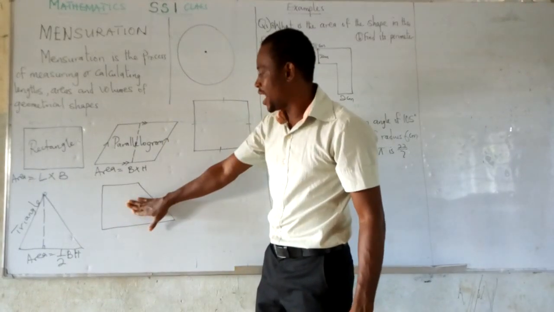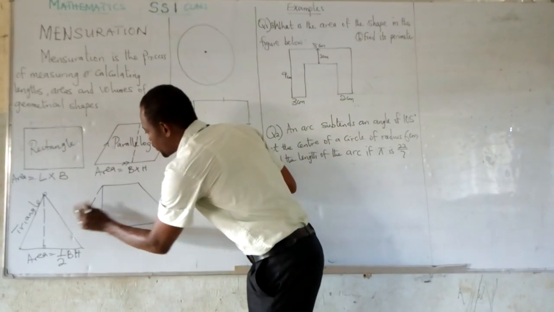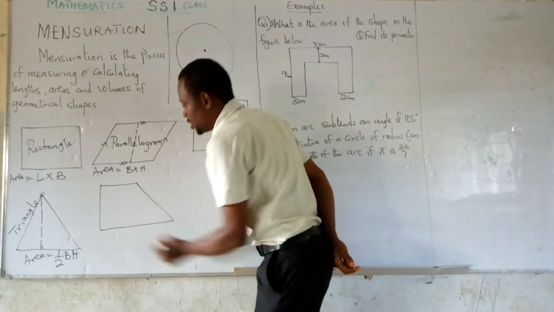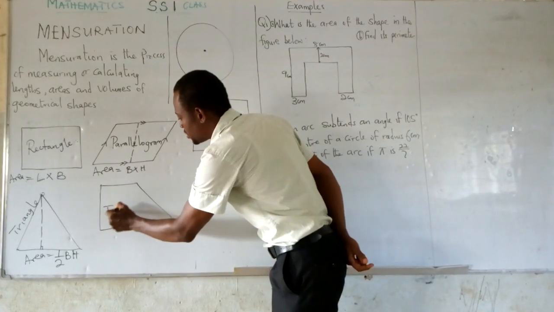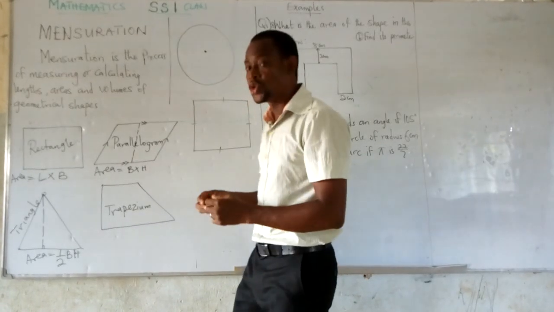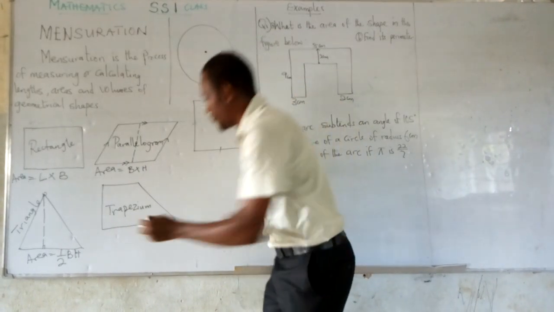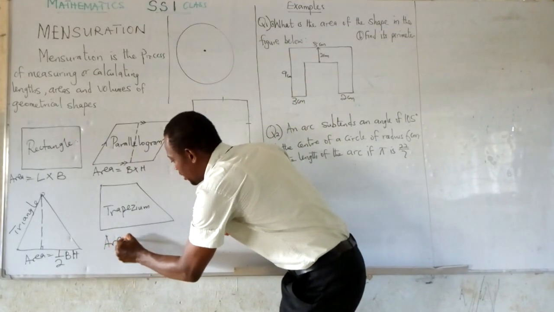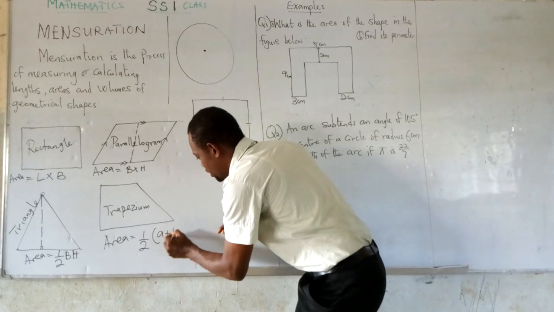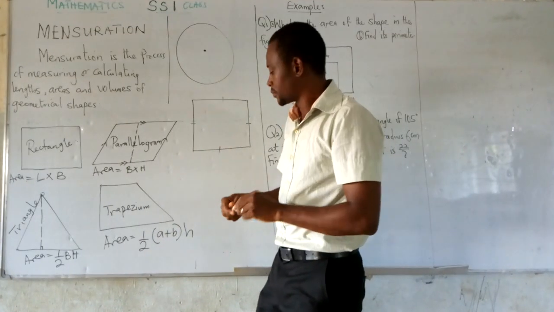This is also a good example of a trapezium. It could be two of these or one part. So, this is our trapezium. The formula for calculating the area of a trapezium is simply half (a plus b) times height.